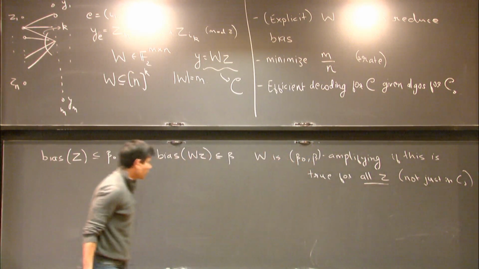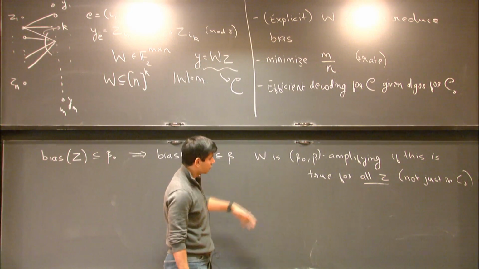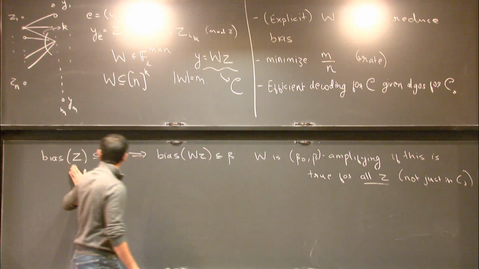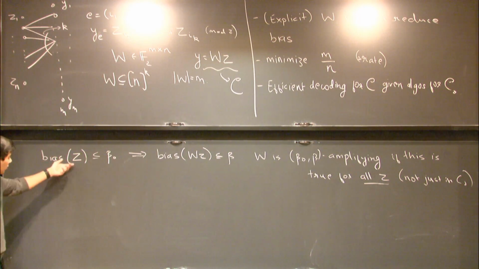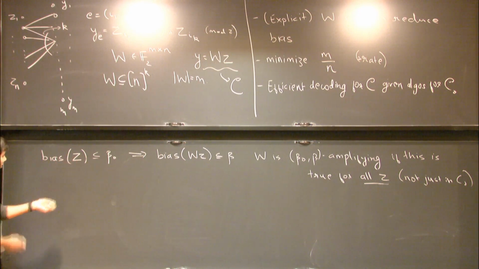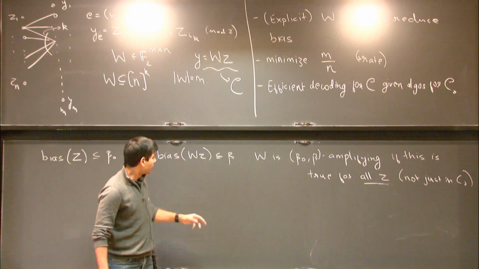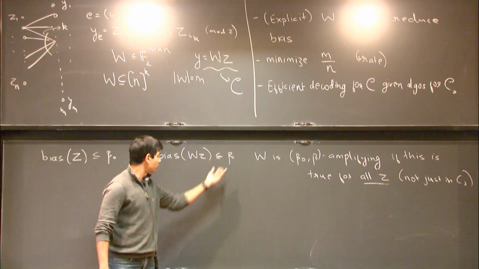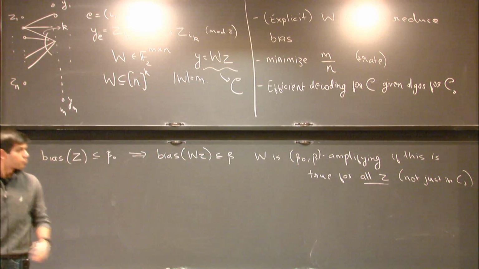So we'll call W a good matrix or an amplifying matrix if this is true not just for Z's in the code C0, but all of them, which means that if you have any string which has some balance between the number of zeros and ones, then the resulting vector also has the number of zeros and ones much closer to half each.